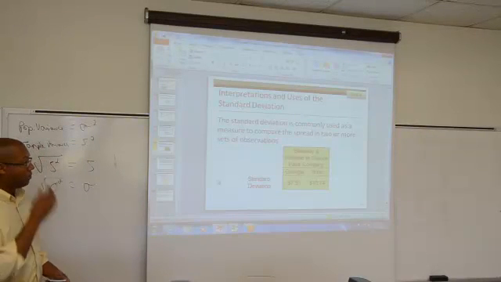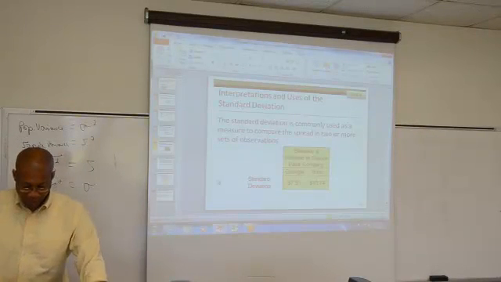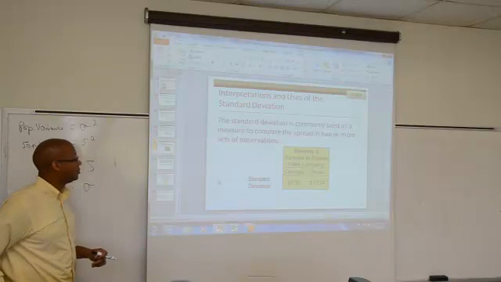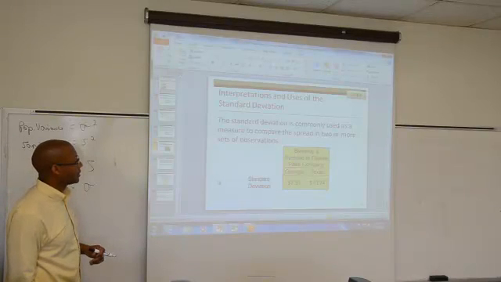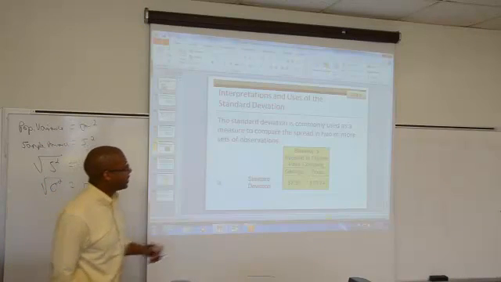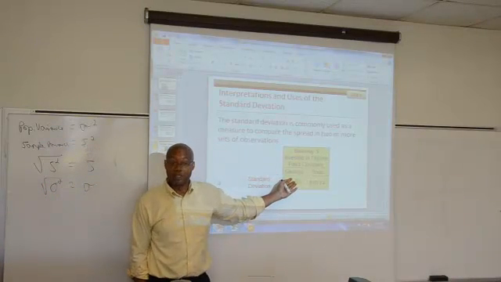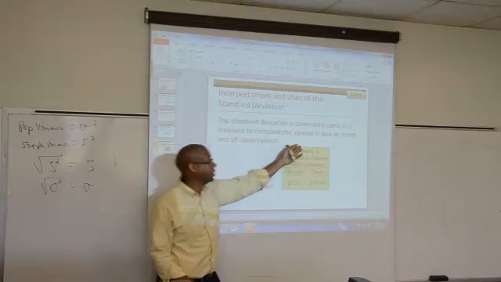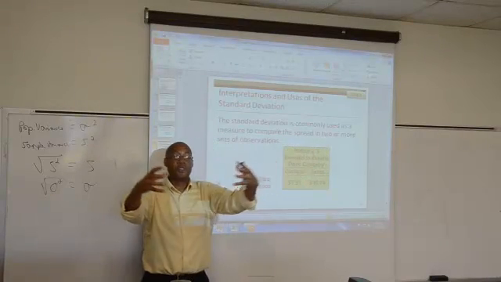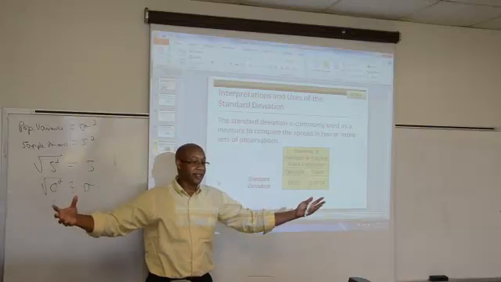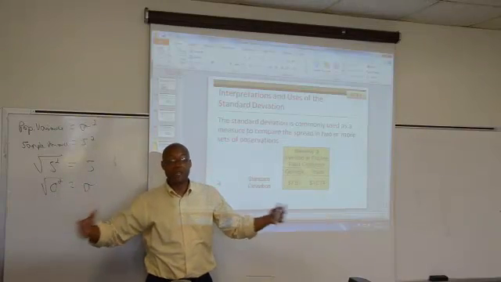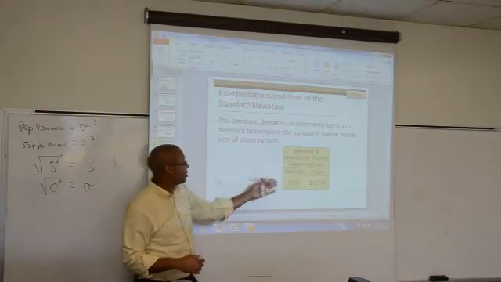Because the dollar amount is less, and it indicates that you're closer to your mean. Because the standard deviation is lower in Georgia, that means your incomes tend to be closer to the mean, whatever that number is in Georgia.